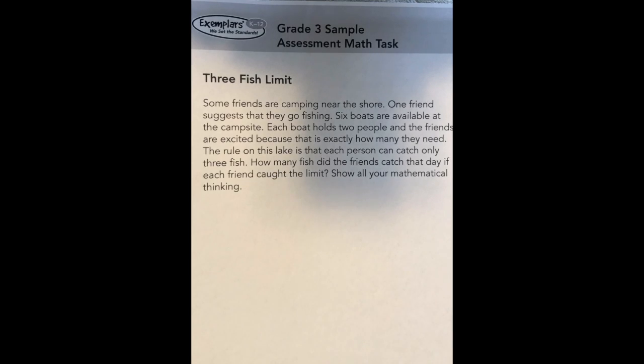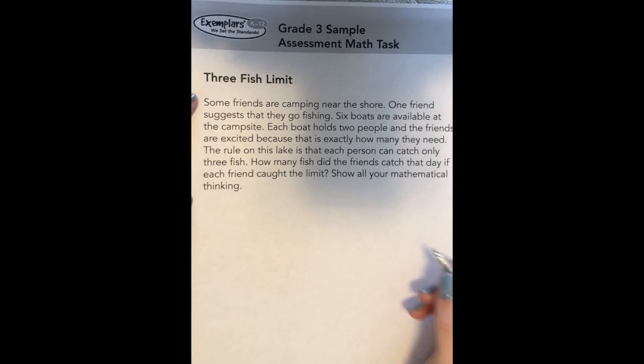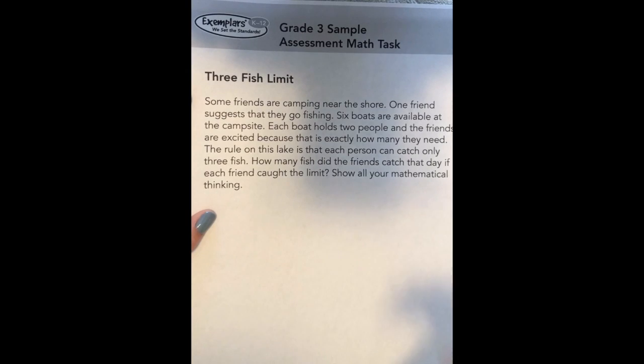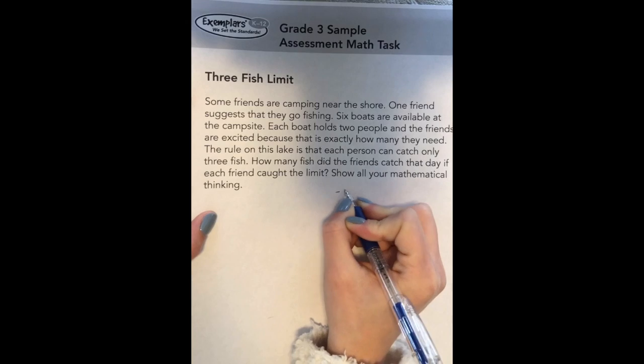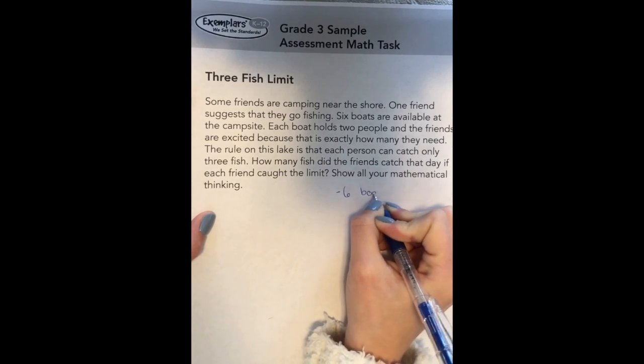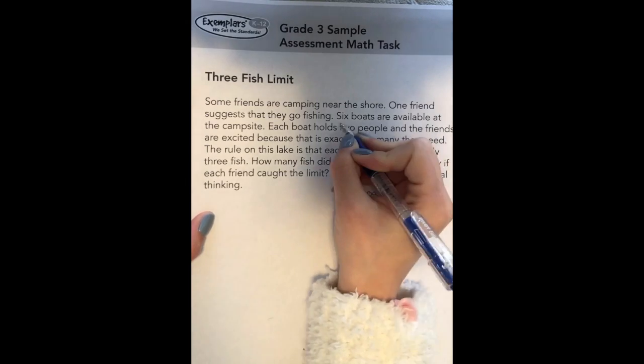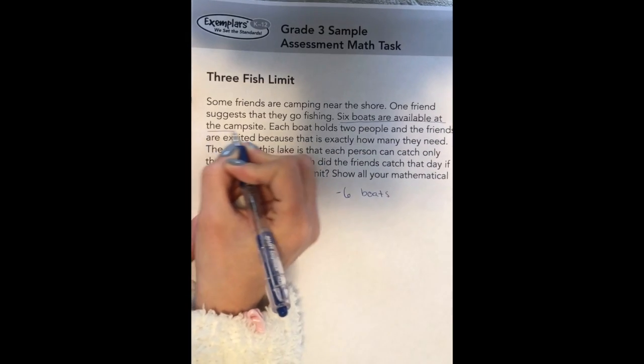So what you need to do first is make sure that you take notes about the rules of this problem. So what I would take notes of is that there are 6 boats available at the campsite, which I found right there.